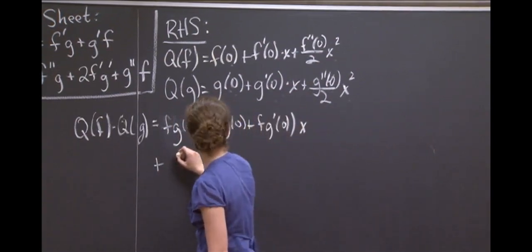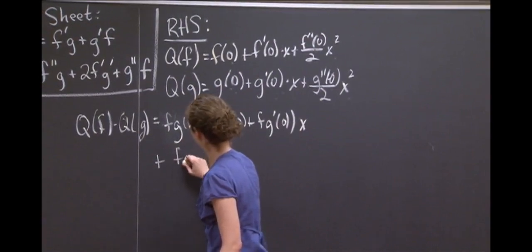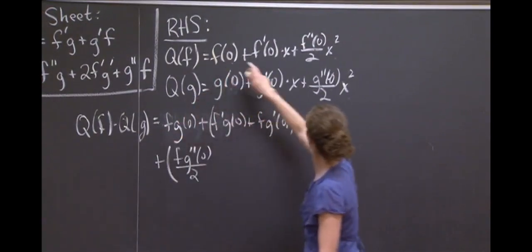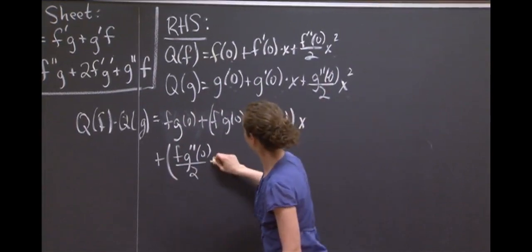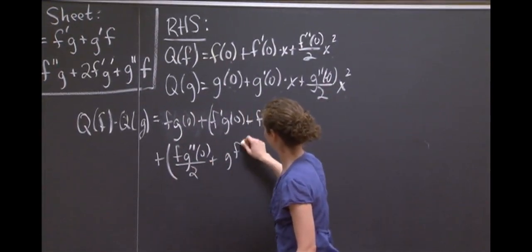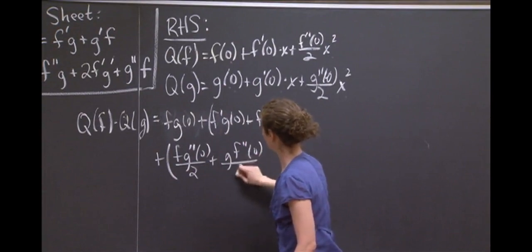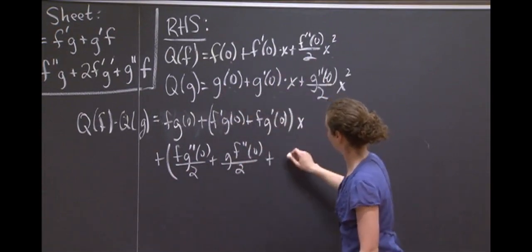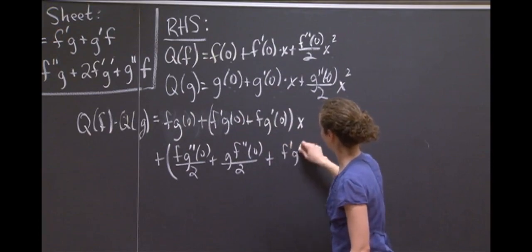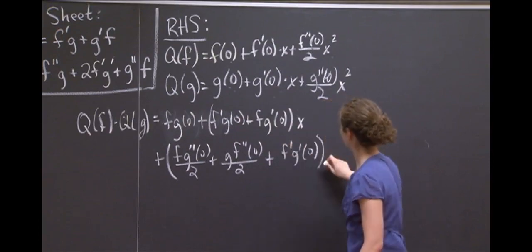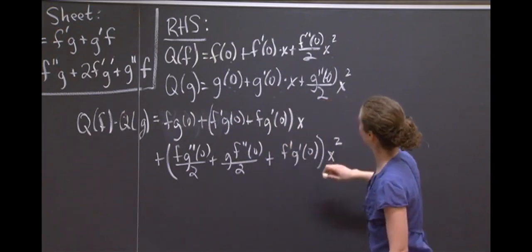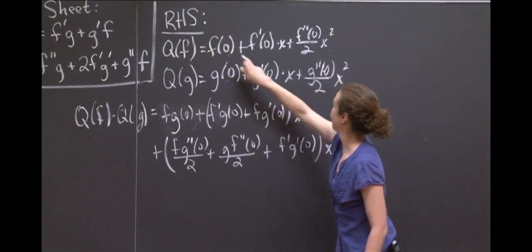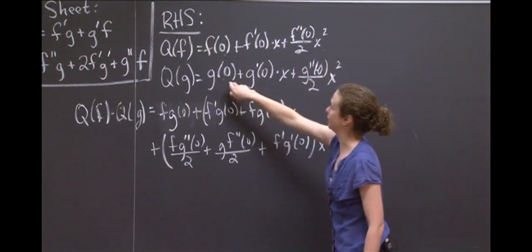I get f g double prime at 0 over 2 from those two, plus g f double prime at 0 over 2 from those two, plus f prime g prime at 0 all times x squared. So there's an x times an x there, gives you an x squared there, x squared there.